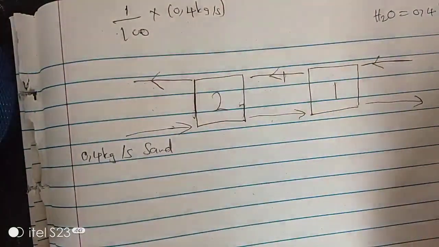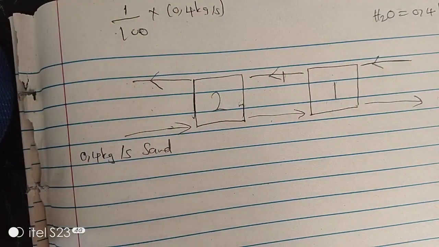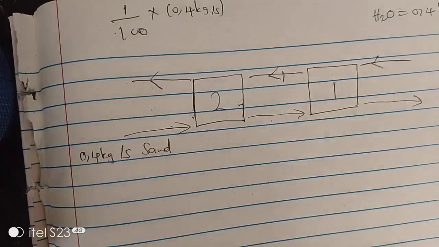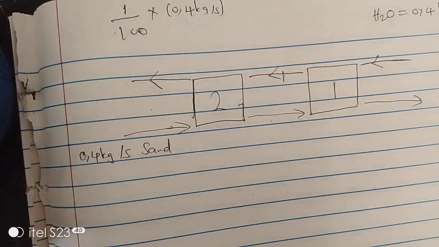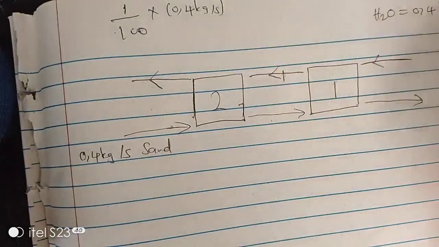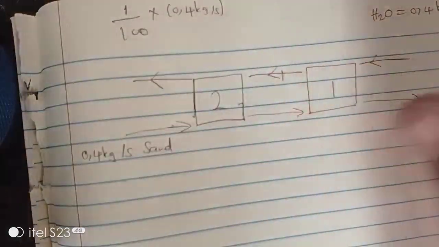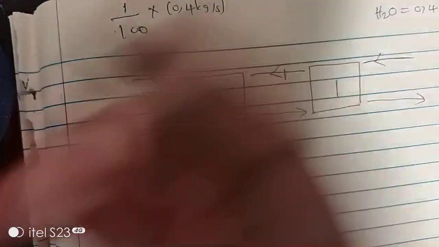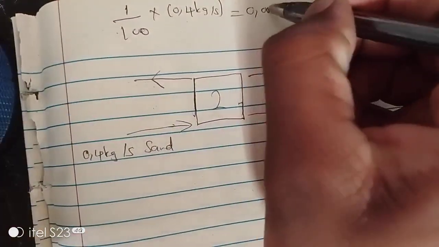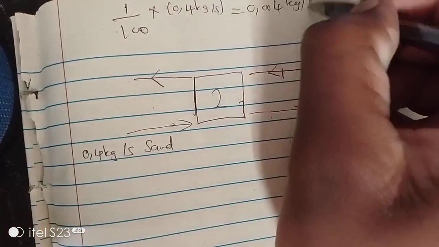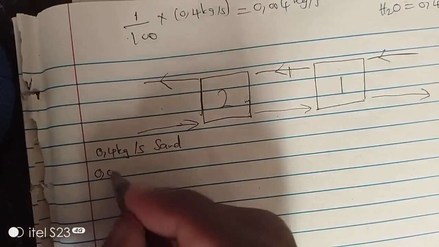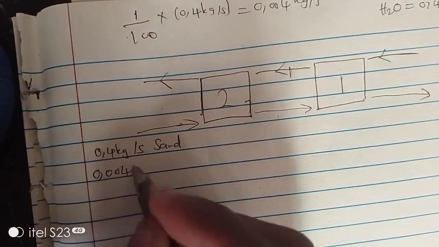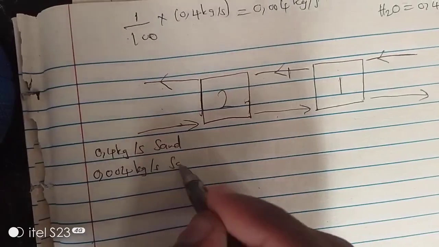It's saying the 0.4 kgs of sand contains a mass of salt which is 1% of it, right? So on top of the sand we've got salt, which is 0.004 kgs per second of salt.